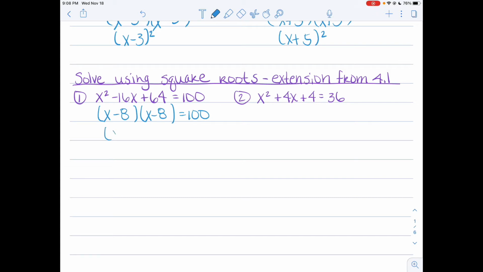So I could rewrite this as (x minus 8) squared is equal to 100. And notice that now all I have is a squared term on this side and a constant on this side. And now I can use square roots because I have condensed it to where I no longer have that bx term because it's been factored and we don't see it anymore.